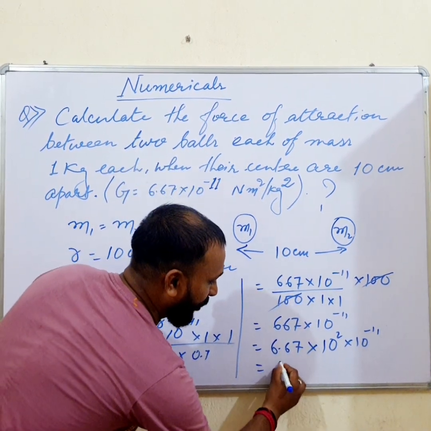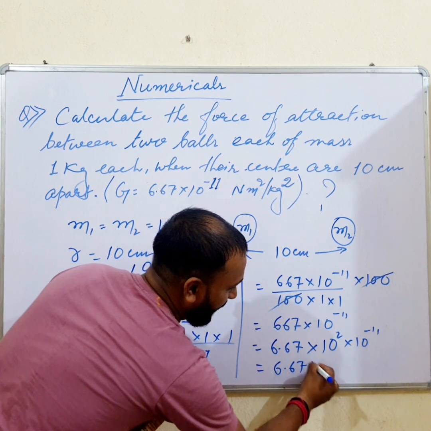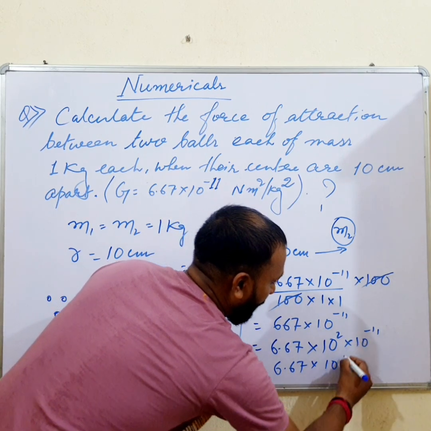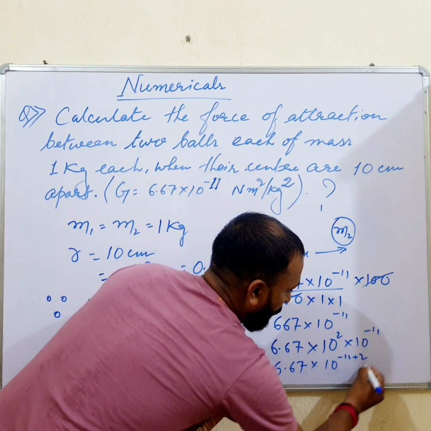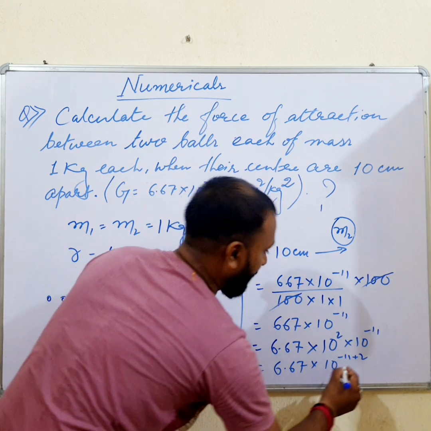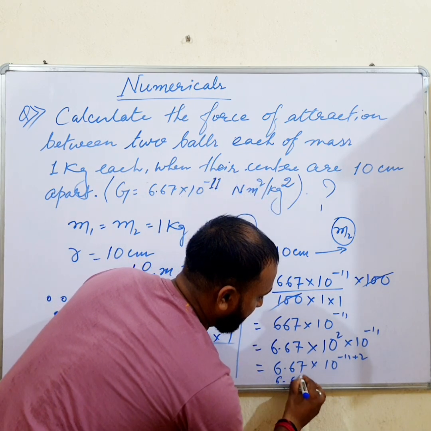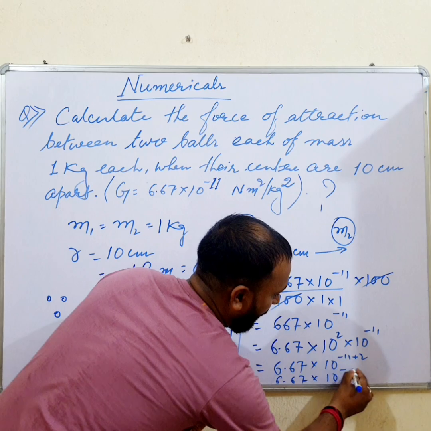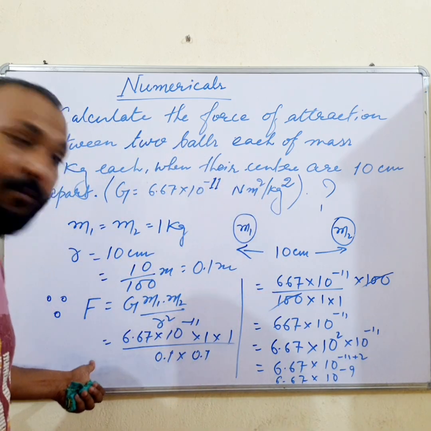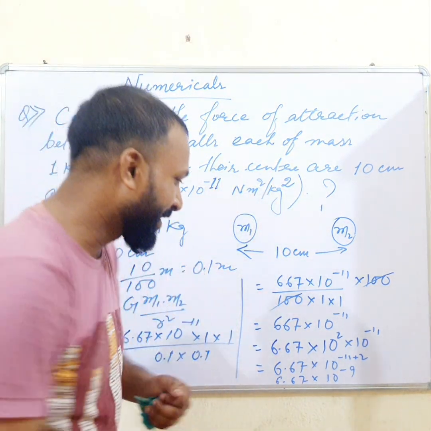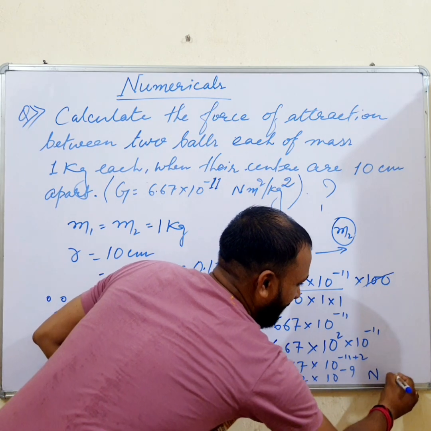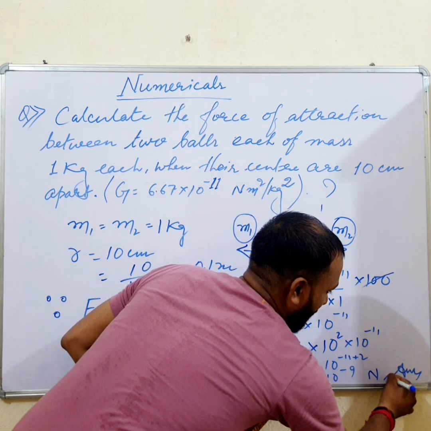Ultimately we got 6.67 into 10 to the power minus 11 plus 2. So ultimately we got the answer 6.67 into 10 to the power minus 9. And the SI unit of force is Newton, so here will be Newton. This is the solution part of this question.